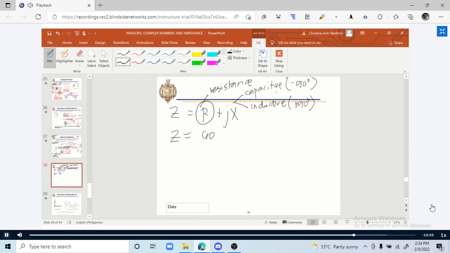Is it just resistance, capacitance, a combination of RC, a combination of RL, or something else, if my Z is just 60? In Tagalog, ano ang bumubuo doon sa impedance ko?